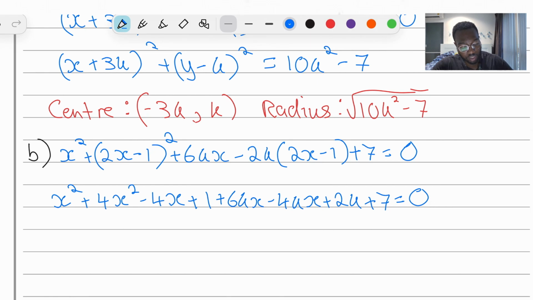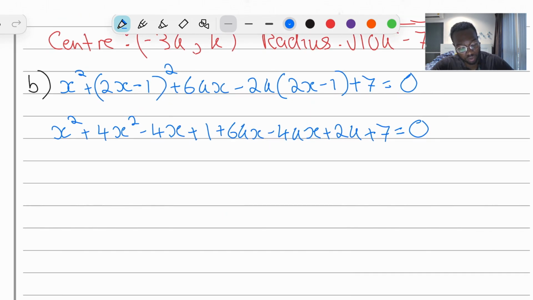So we have an x squared plus a 4x squared. That would give me a 5x squared. We have a minus 4x, 6kx minus a 4kx. That is a positive 2kx. We have a 1 plus a 7 is an 8, and then we have that positive 2k, and that is equal to 0. So now if I write this into the quadratic equation form, we have a 5x squared.